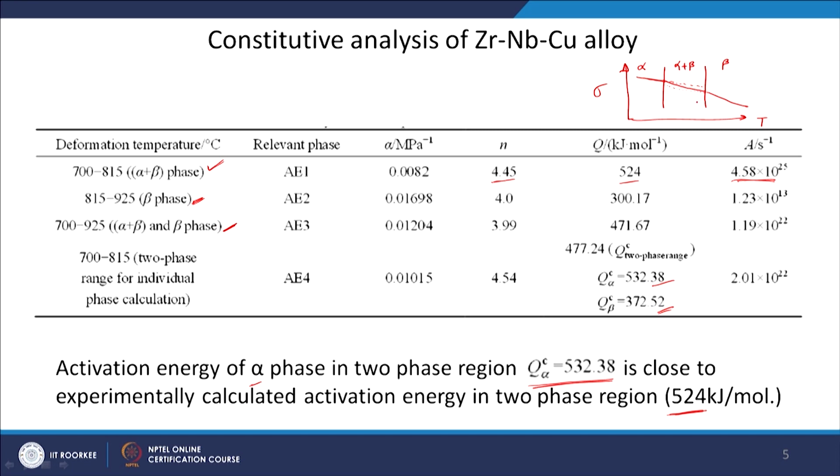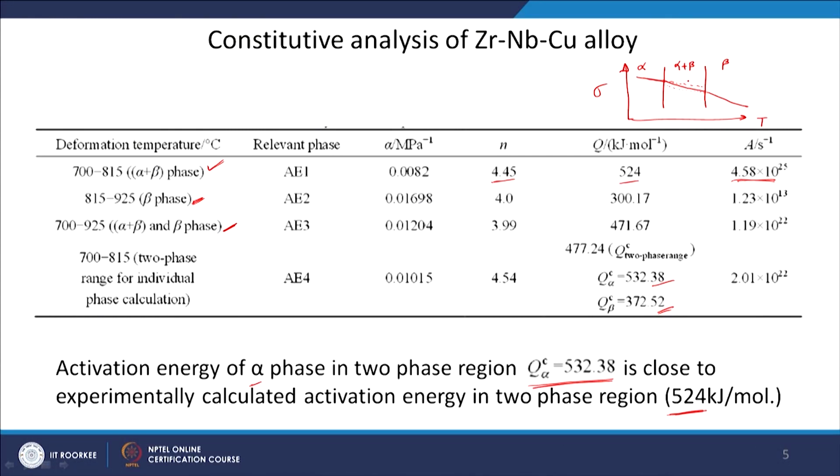And to know whether this data is correct or not, we also used a rule of mixture kind of idea to find out what the flow stress will be if I combine the flow stress of alpha with the beta, and whether I am able to get the flow stress of the actual experimental results.